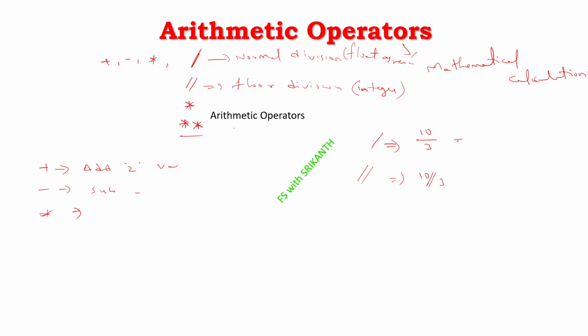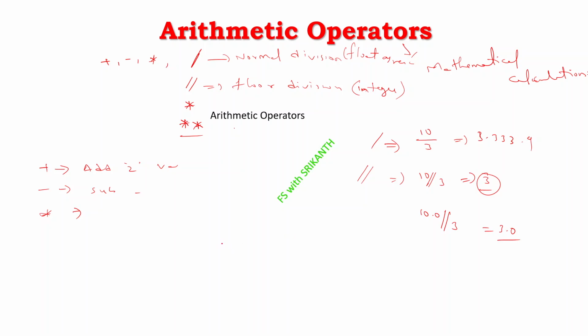Here it gives 3.33 something, and here it is fixed to 3. It gives an integer. When you provide 10.0 floor-divided by 3, you will get 3.0 as a result, as a float number.